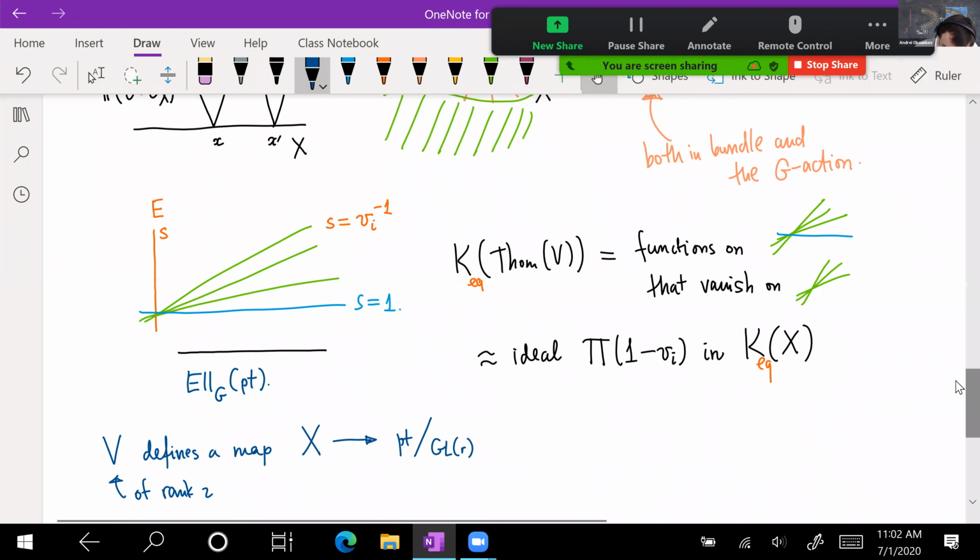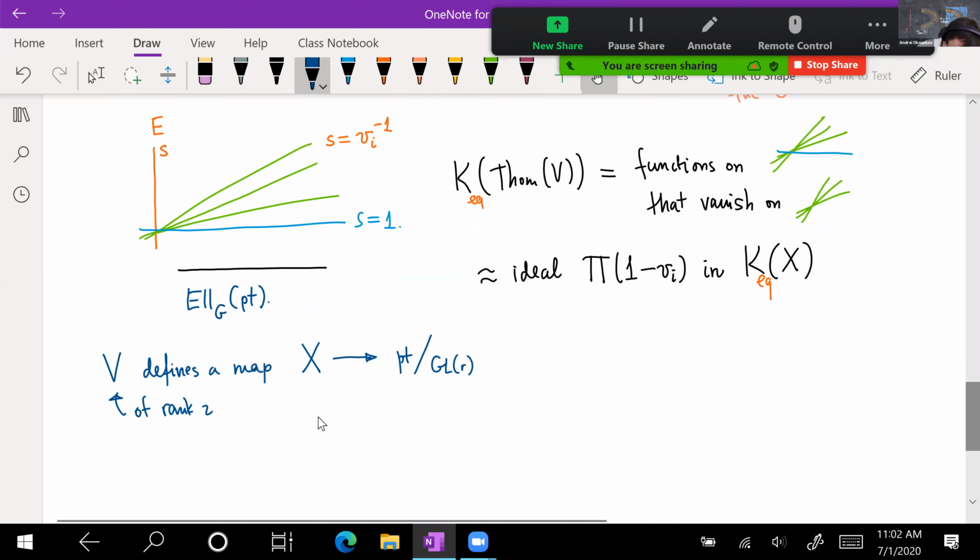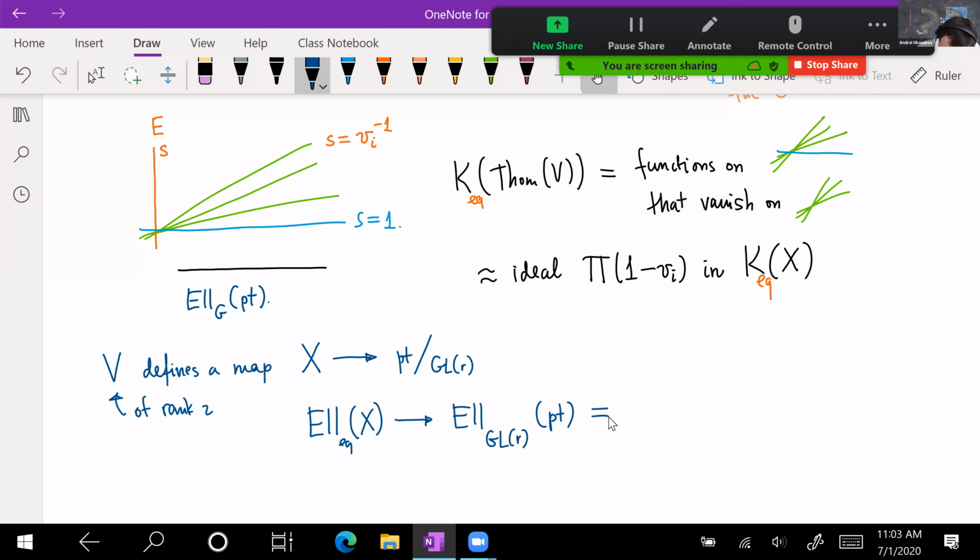And so there is therefore a map from elliptic homology of X, and whatever covariance there is, to elliptic homology of point mod GL_R, which we decided is the R-th symmetric power of E. This is where all these V_i live.